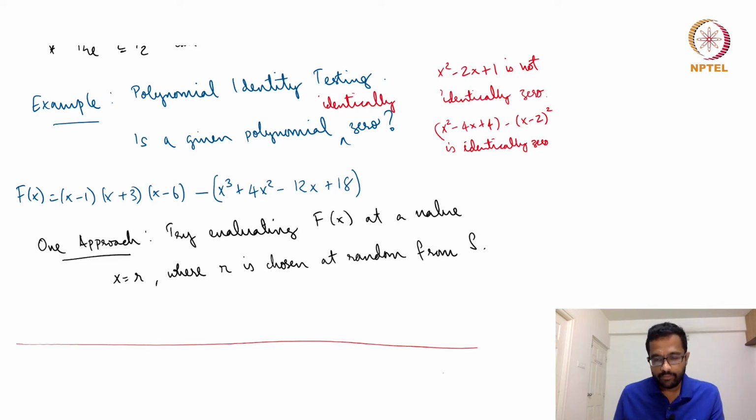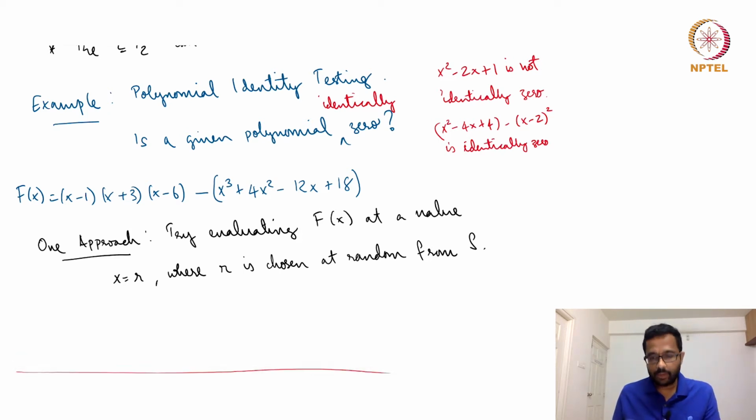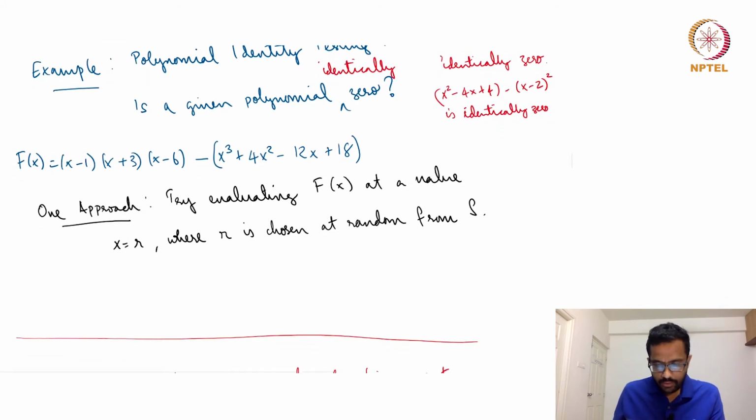So let us try for a simple randomized algorithm that can be used to decide this problem. One approach is to take the polynomial and substitute some value, let's say x is equal to 5, and see what the polynomial evaluates to. If it evaluates to 0, then you say it is the 0 polynomial.